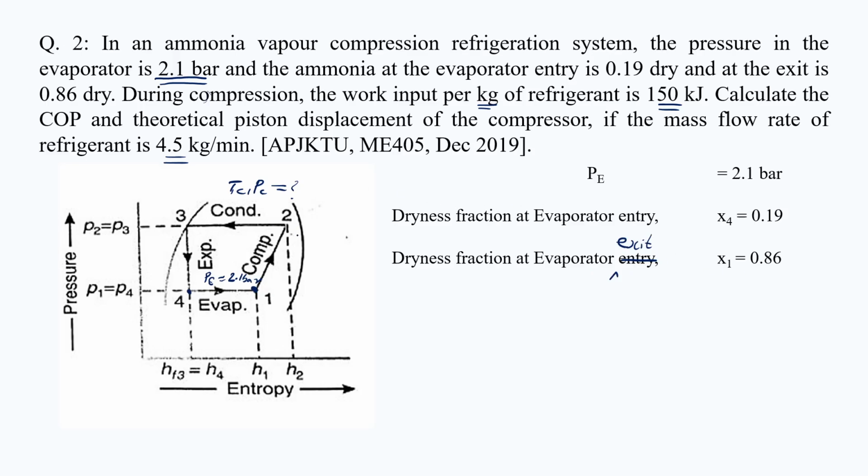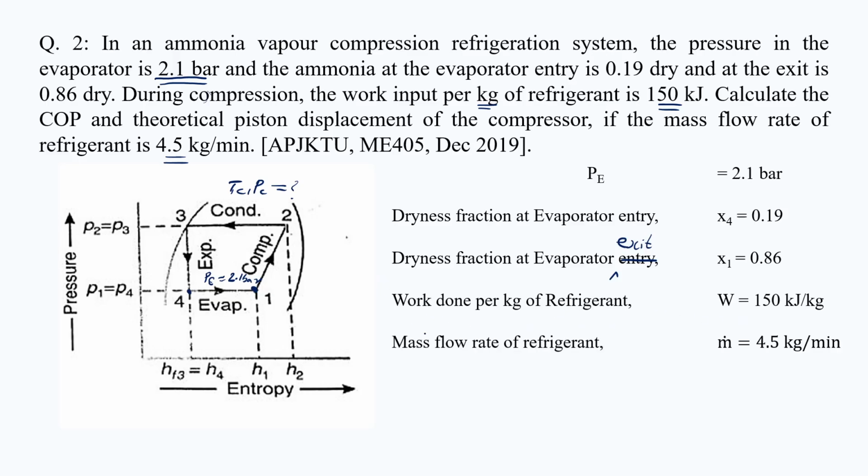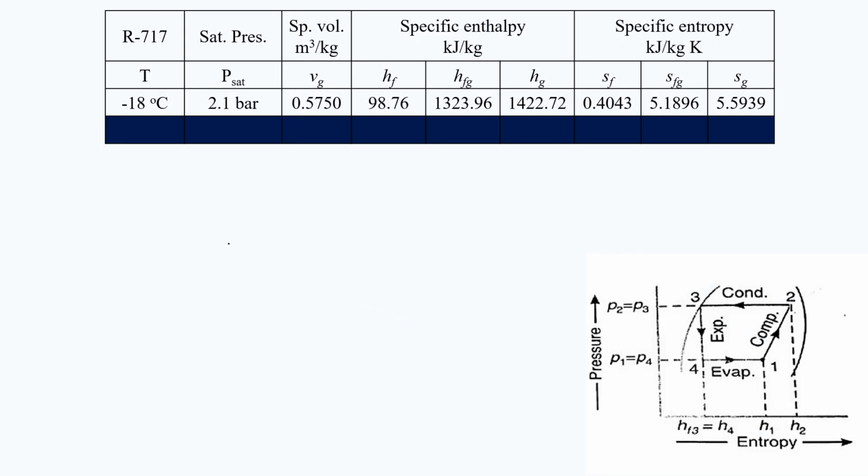Also the work done per kg of refrigerant, W is equal to 150 kilojoules per kilogram. Also mass flow rate of the refrigerant, m dot, as 4.5 kilograms per minute. We are not converting that into kilograms per second.